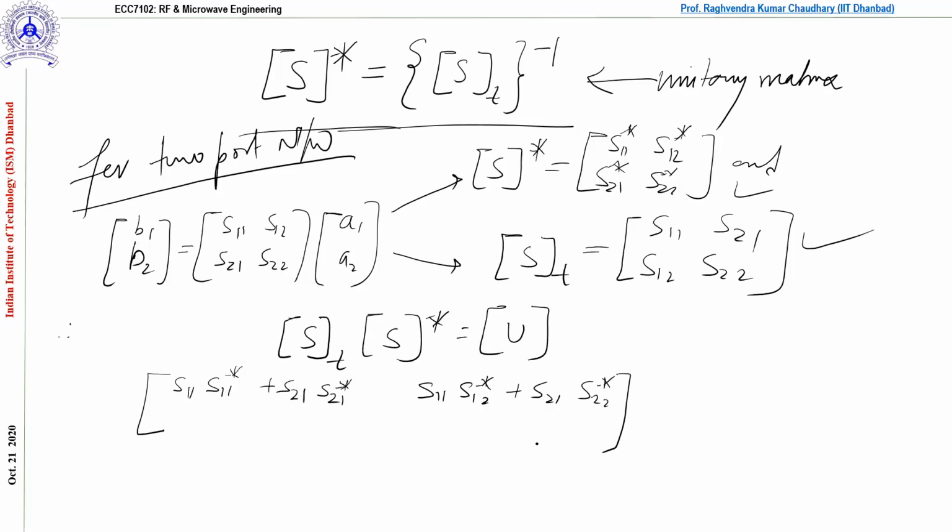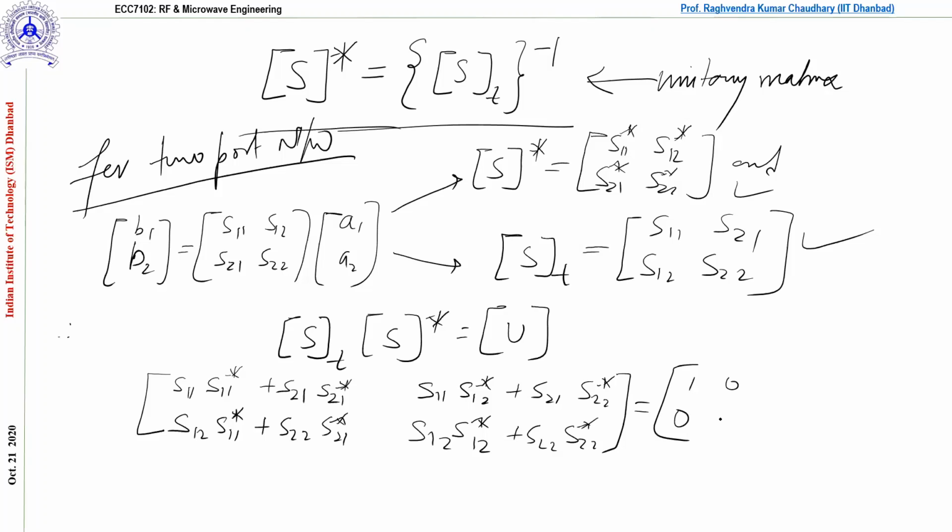Third element would be S12 S11 star plus S22 S21 star. And this is S12 S12 star plus S22 S22 star, equal to the unit matrix. What is the unit matrix? Diagonal elements will be 1, others will be 0.